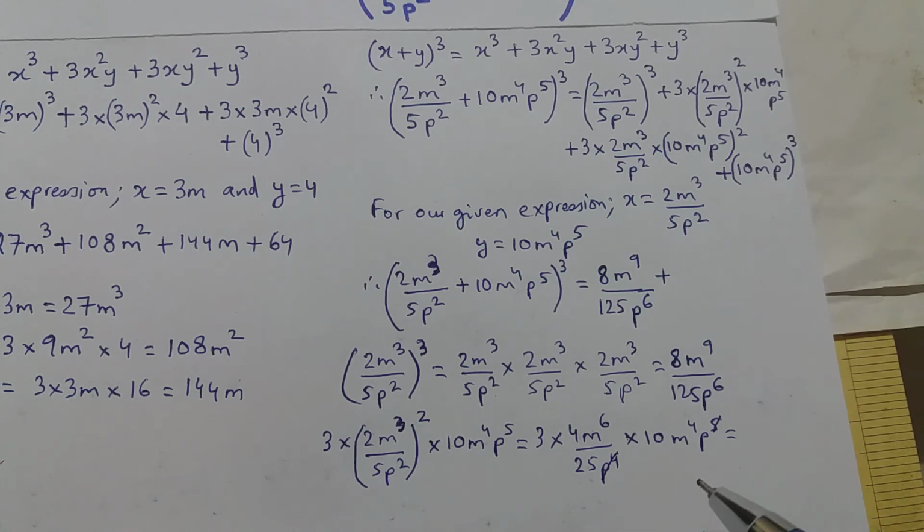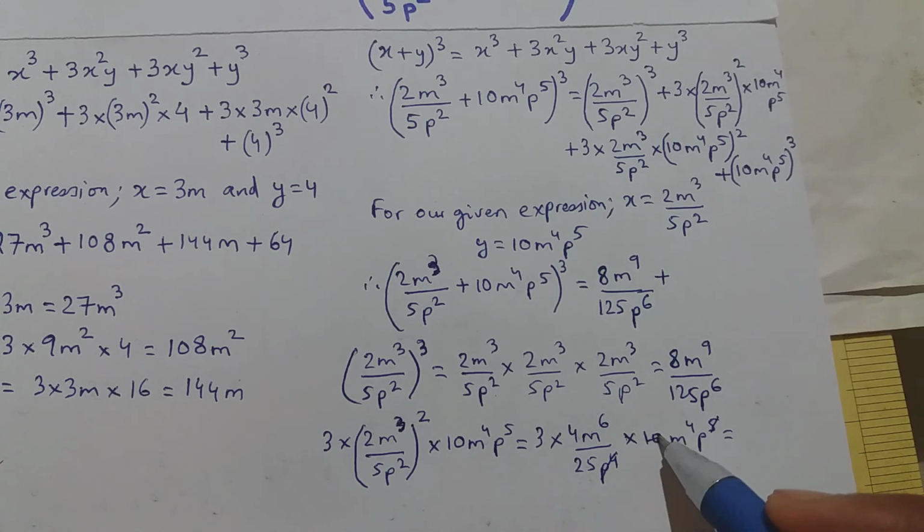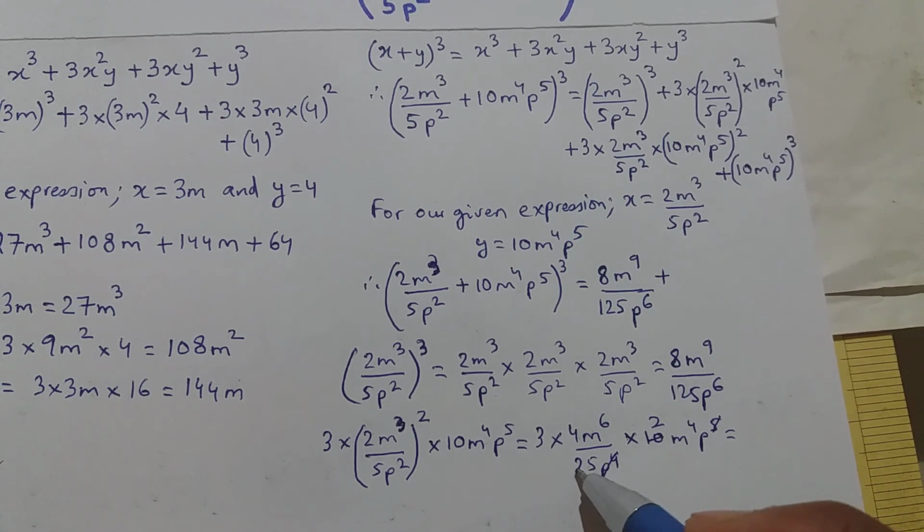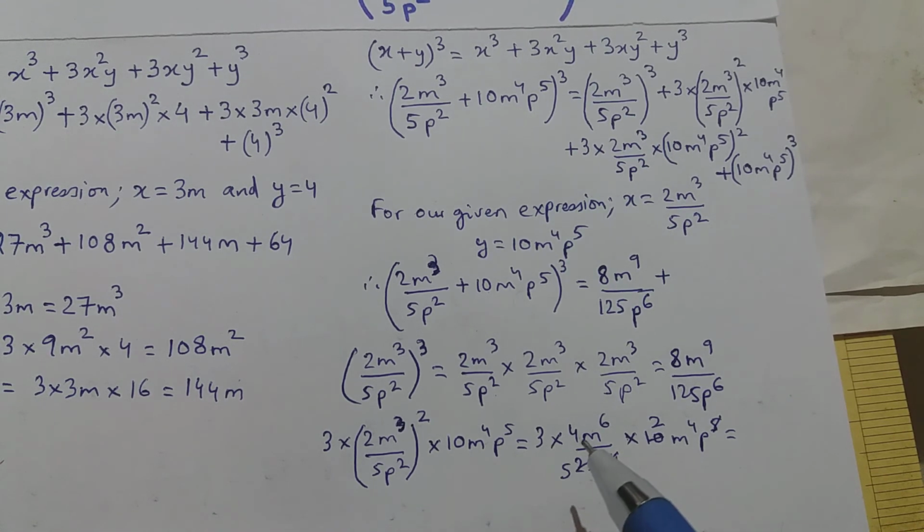So in the numerator I am having p, and 5 2s are 10, 5 5s are 25. That's it. So now I am having 3 into 4 m to the power 6 upon 5 into 2 m to the power 4 p.